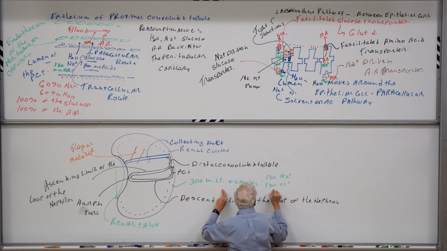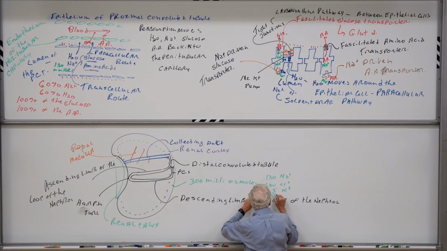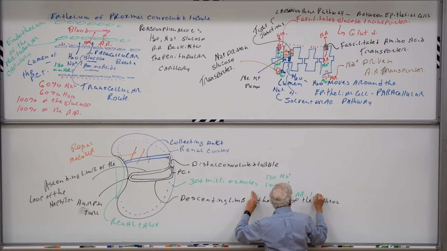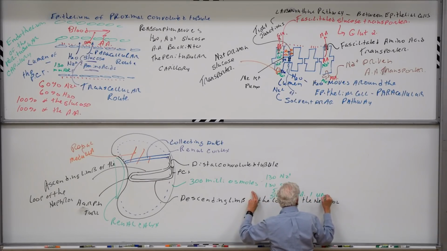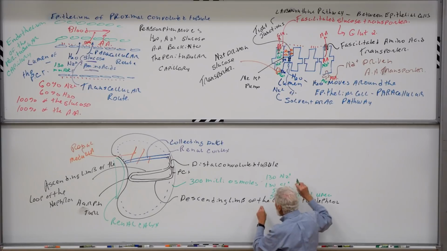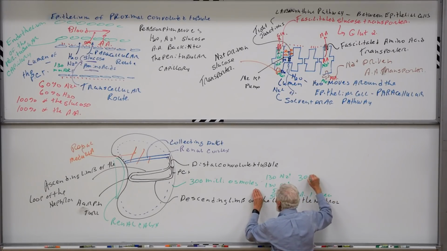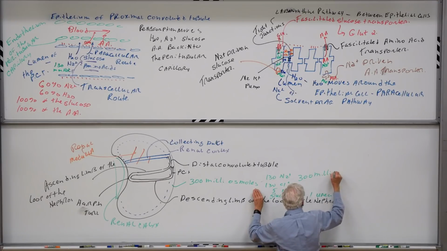We have about 5 or so of potassium, some glucose, some amino acids, and some urea. When you total it all up, you find that the total osmotic strength out here is about 300 milliosmoles.